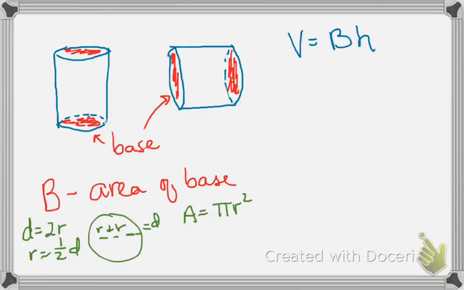All right, so we know that those are the area. Now remember, big B is the area of the base, and so we're going to substitute our big B with our area formula for our circle.